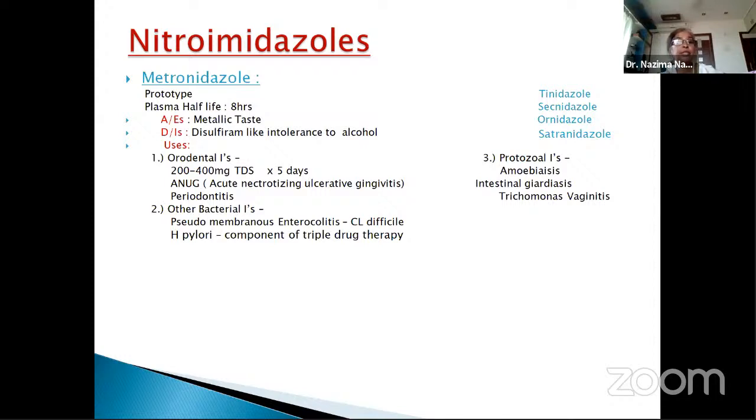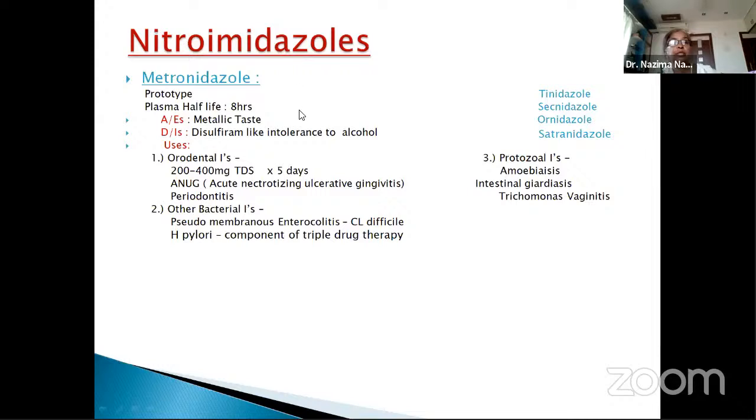Then coming to the uses of metronidazole. Metronidazole is frequently used in orodental infections, especially in ANUG, or acute necrotizing ulcerative gingivitis. The dosage is 200 to 400 milligrams thrice a day, that is TDS, for a minimum period of 5 days.